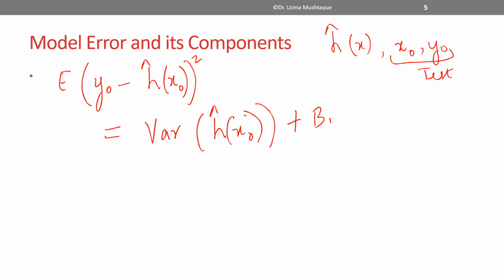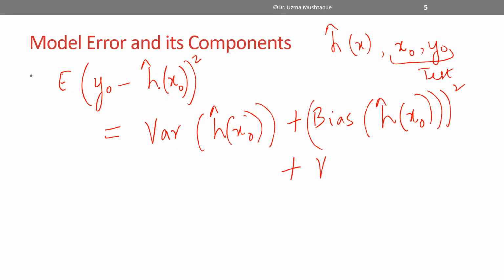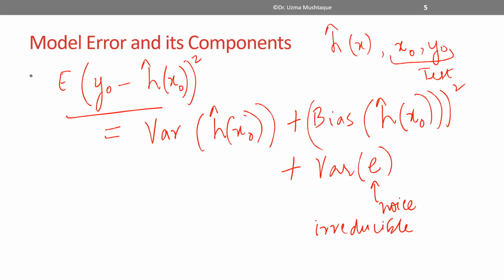Plus bias, which is nothing but the difference between the fitted and the actual value. That's what the bias is, and this is squared usually. Plus the variance of this noise E. This is the irreducible part. We cannot do anything about this part.